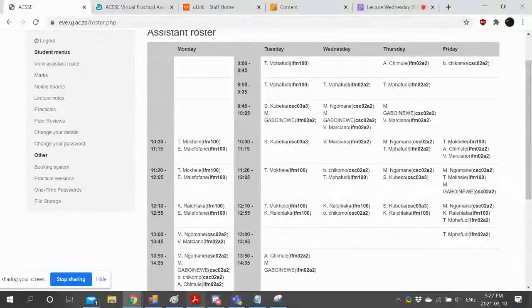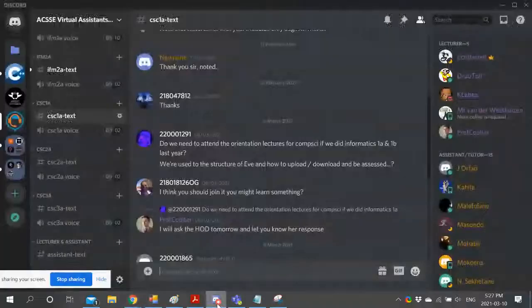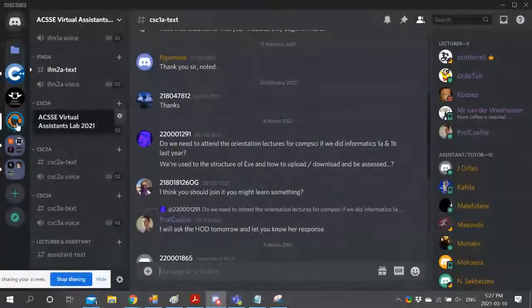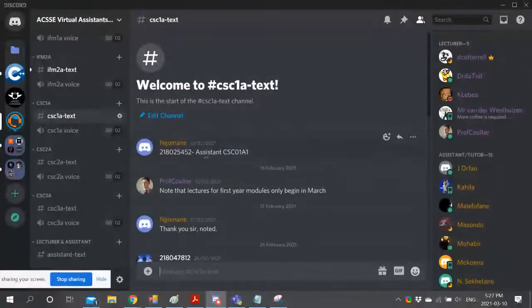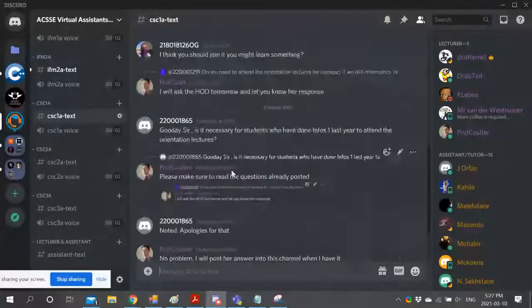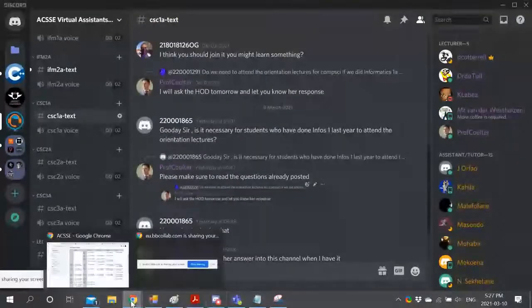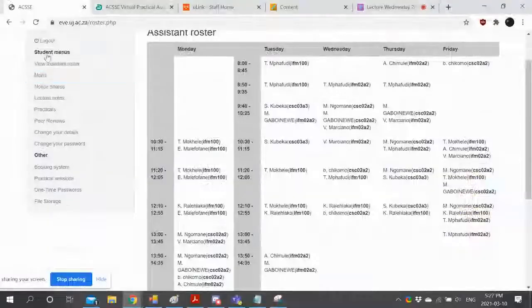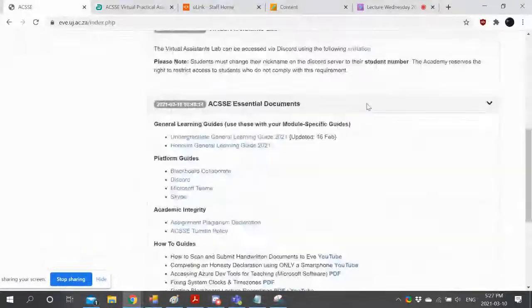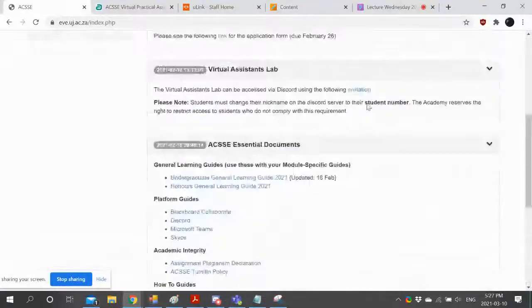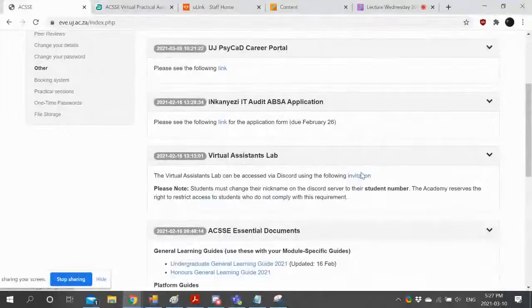So you'll just find the slot that they're in. During that time, you go to the Axie Virtual Assistance Lab and ask in the channel. The assistants will announce when they start listening, and then they'll be there to help you. The Virtual Assistant Lab you can find on the main page of Eve. There's a notice for it, and a permanent invitation to that Discord channel is available there.